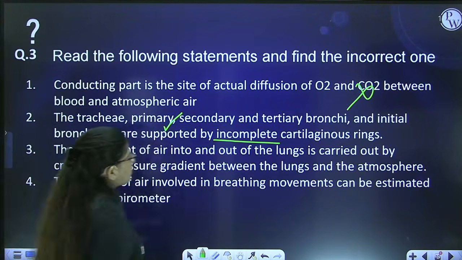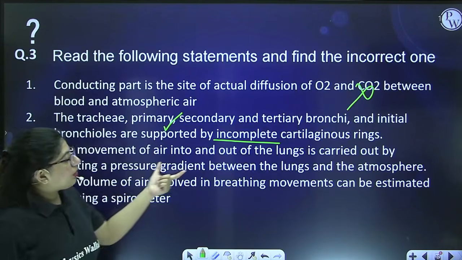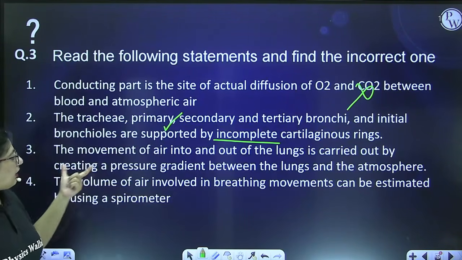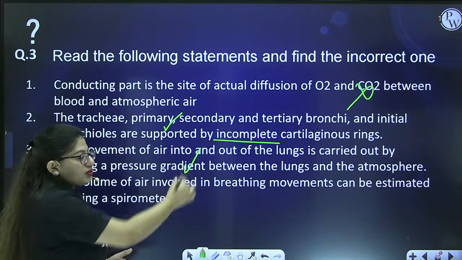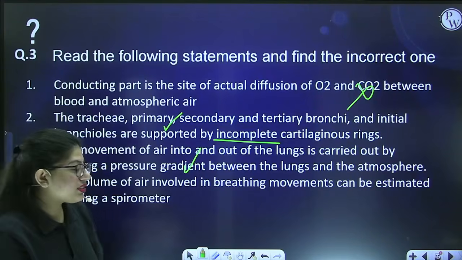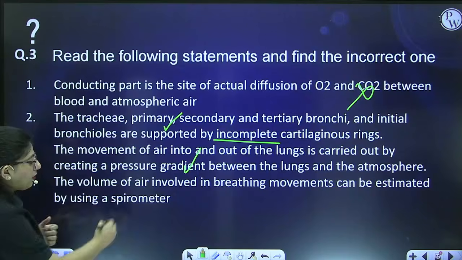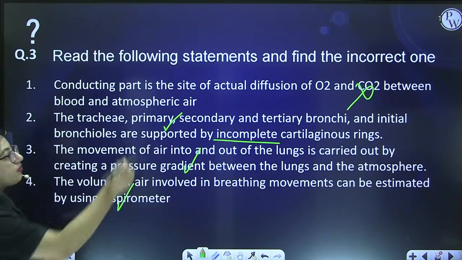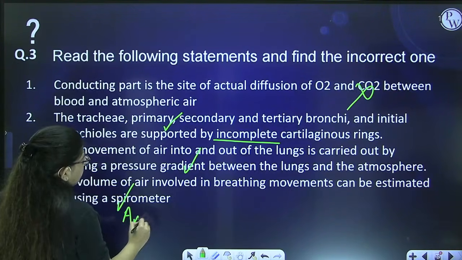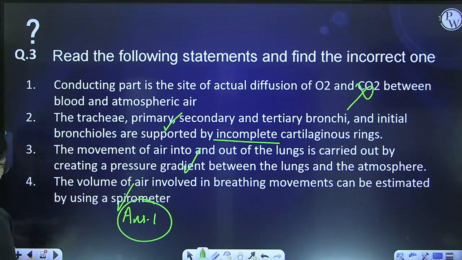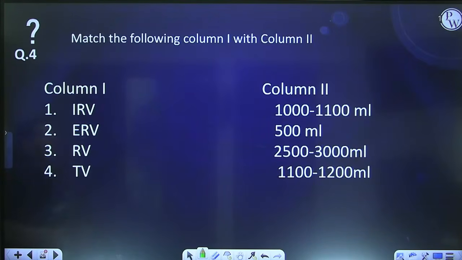They are not complete. The movement of air into and out of the lung is carried out by creating a pressure gradient between the lung and atmosphere. Yes, you have to create a difference in pressure. The volume of air involved in breathing movement can be estimated by using a spirometer. This is also true. So we have to find the incorrect one. Answer is 1.